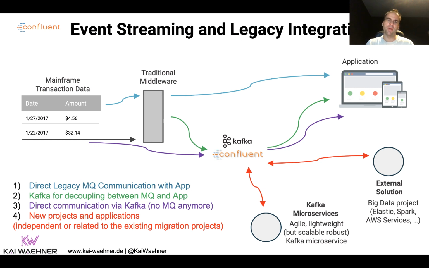Therefore, this is my last slide. You can use this kind of strangler design pattern where you integrate legacy systems with new applications, and where it makes sense, you can replace existing systems over time. But this is not always needed, of course. It's about what you need and how you implement it. Just check out this material to understand more about how Kafka and Confluent are specifically used for legacy integration like mainframes and old batch pipelines and so on.